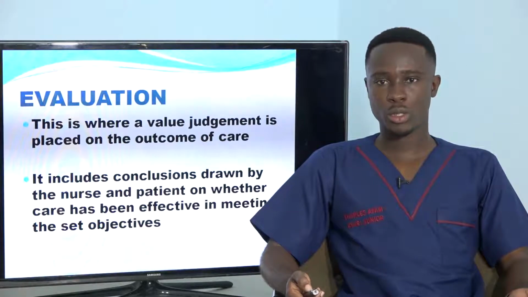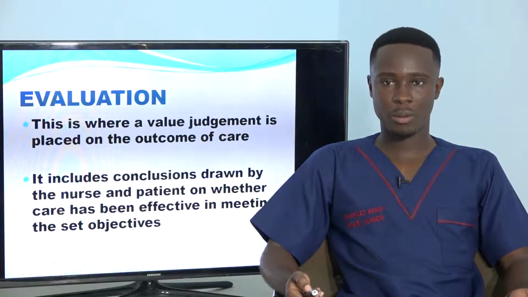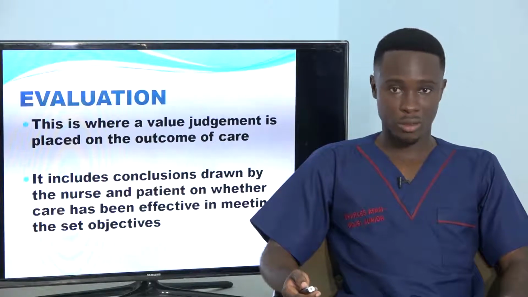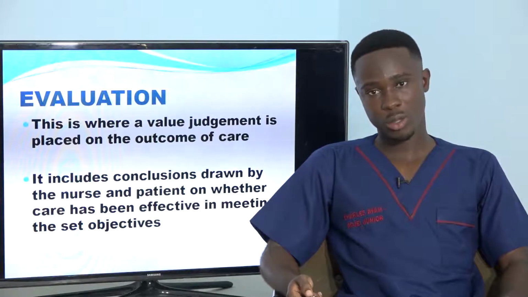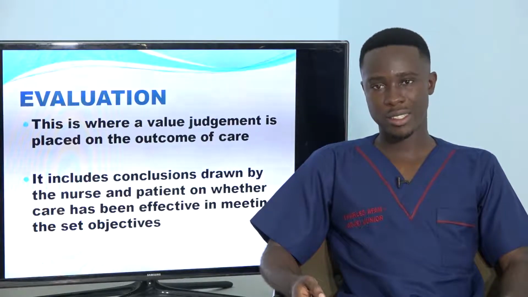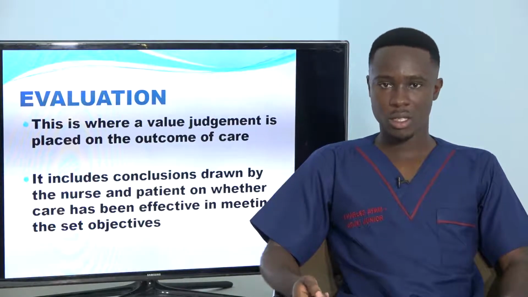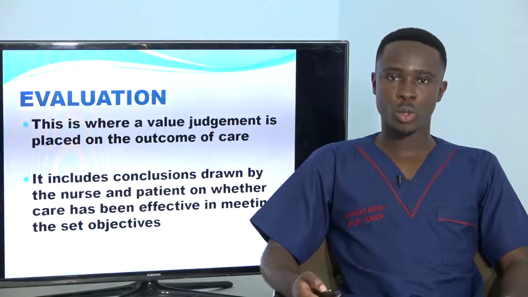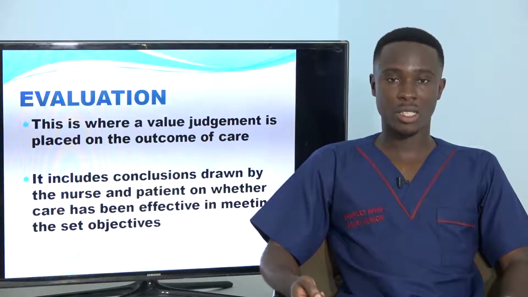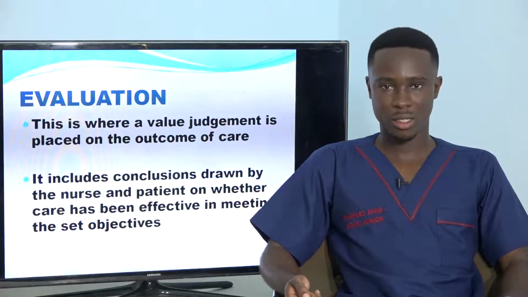It includes conclusion drawn by the nurse and patient on whether care has been effective in meeting the set objectives. That's why in objective or outcome criteria, you realize that the measurabilities are normally two. One speaks for the nurse, and mostly the other speaks for the patient. So we try to find out whether both parties are satisfied with the caregiving.